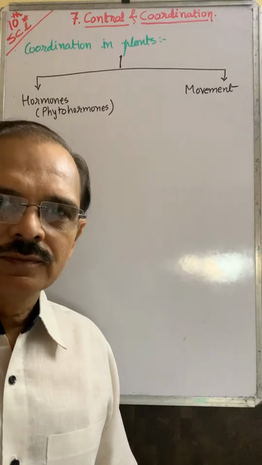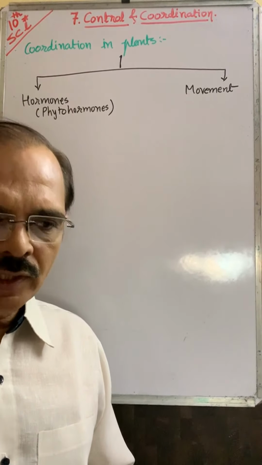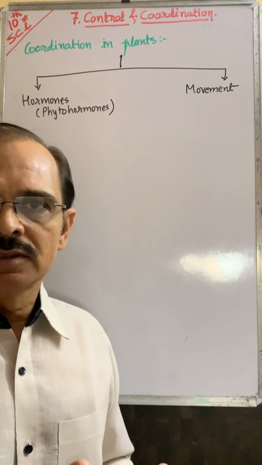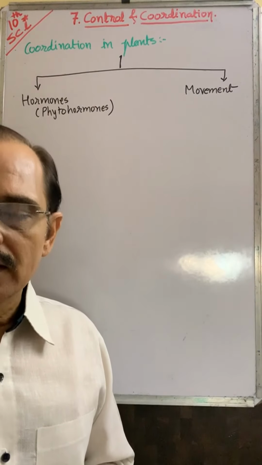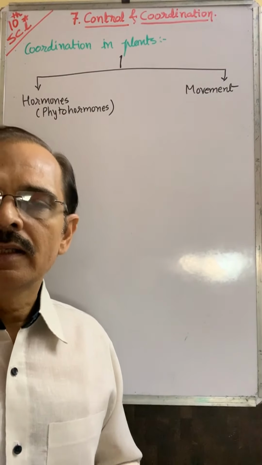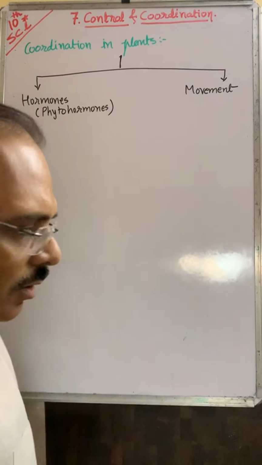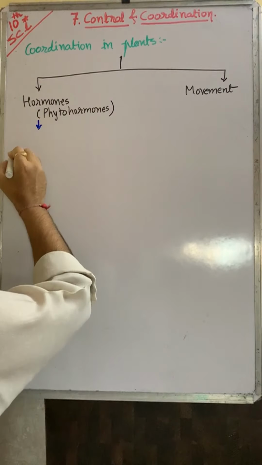Phytohormone is what? It is the organic compound or organic substance with which growth and development of plant boosts, or growth and development of plant is controlled by the organic substance. This substance is known as hormones. So hormone means what? Define hormones.